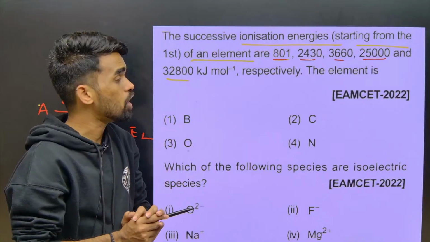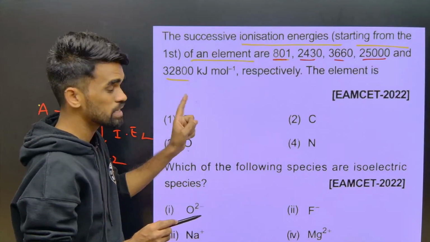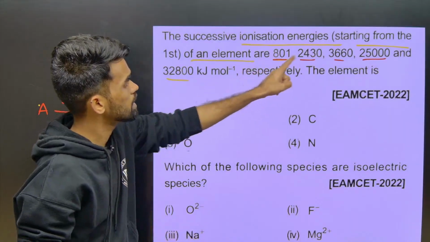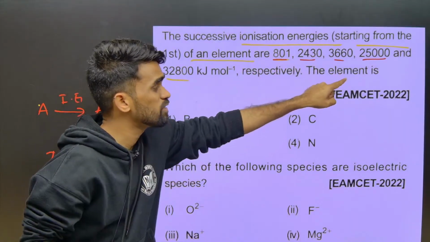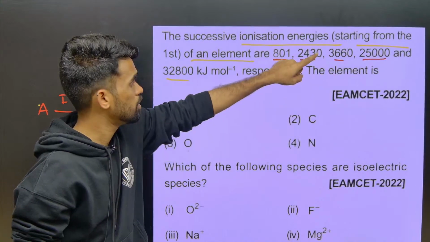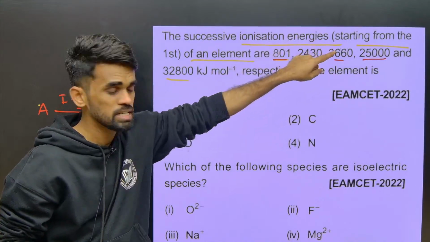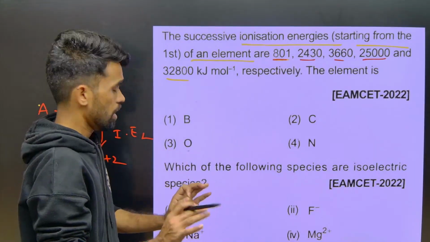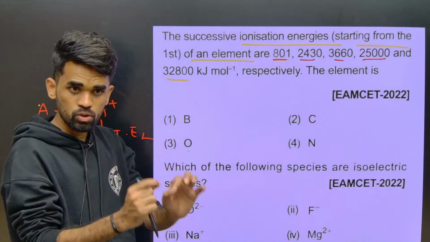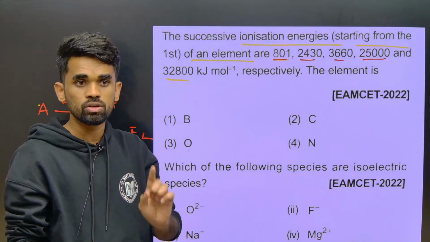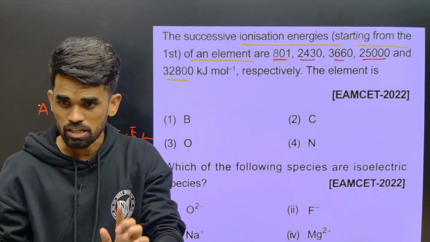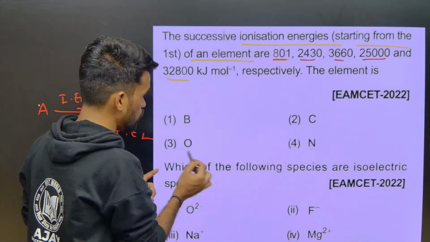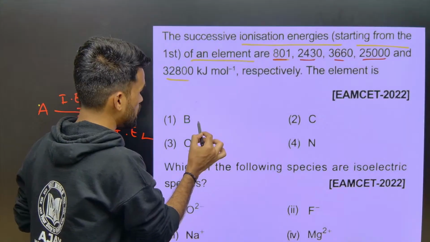So the successive ionization energy values are getting raised. But first read the question, what they are asking. We need to identify which element, out of these 4, has these ionization energies. Very easy. First of all, if you want to do anything in chemistry, you need to know some elements, their atomic numbers and writing electronic configurations. So looking at these 4, tell me their electronic configurations.